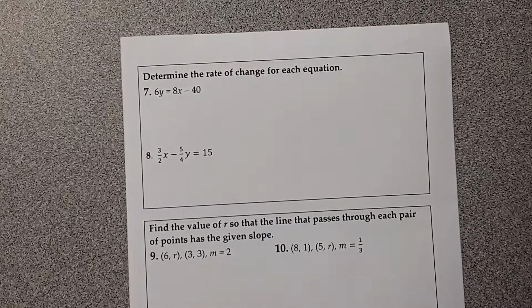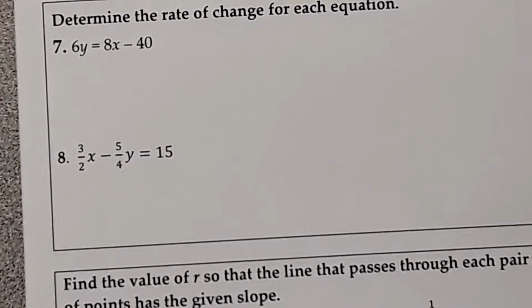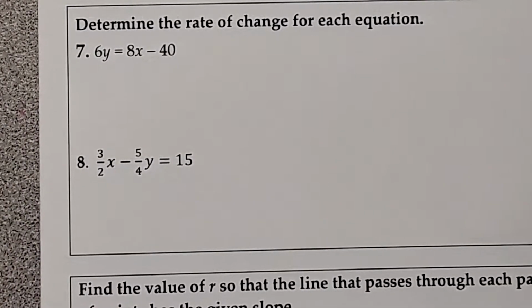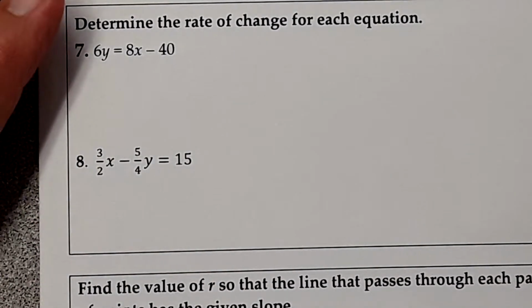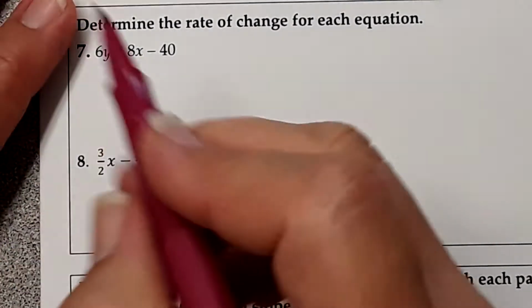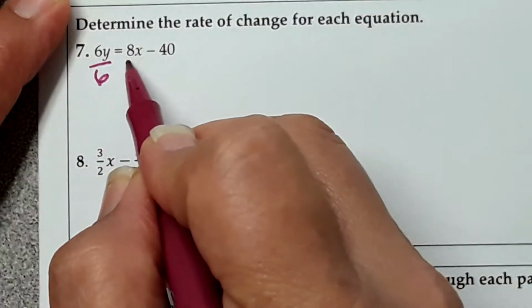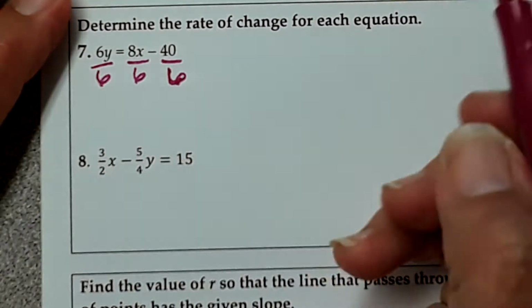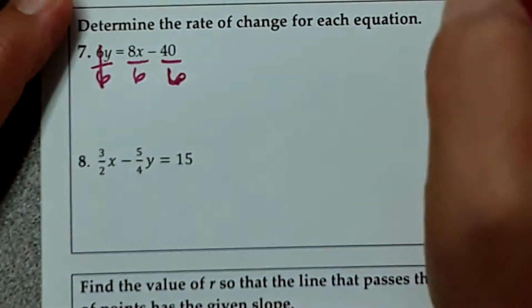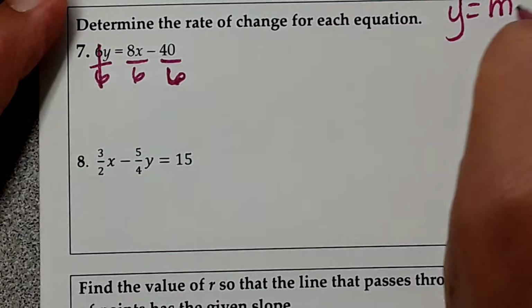Okay, number 7. What do you think I have to do in number 7? What do we need to do? We don't want to subtract 6. We want to do what? We actually want to divide by it, because we're going to put it in y equals mx plus b.